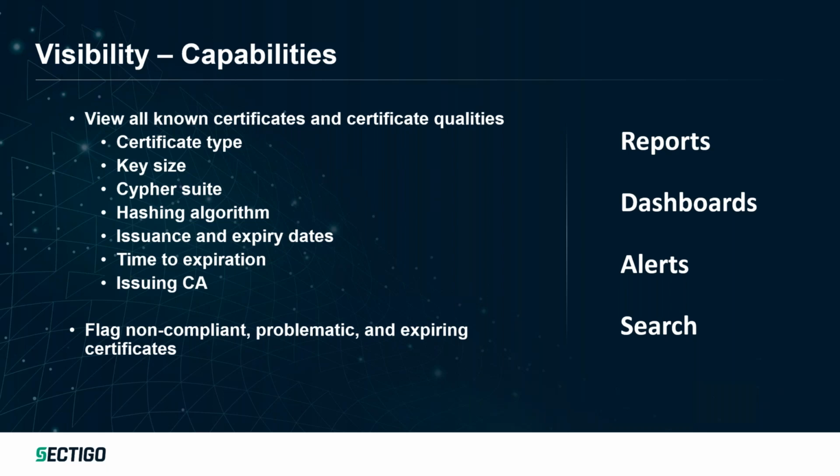Do I have the right hashing algorithms? Do I have the right expiration times? What CAs are issuing them? All of that gets built in where I can see it, right? And I can know what it is, and I can know that it matches what I want it to be. And then along the same lines, you can know any certs that don't.